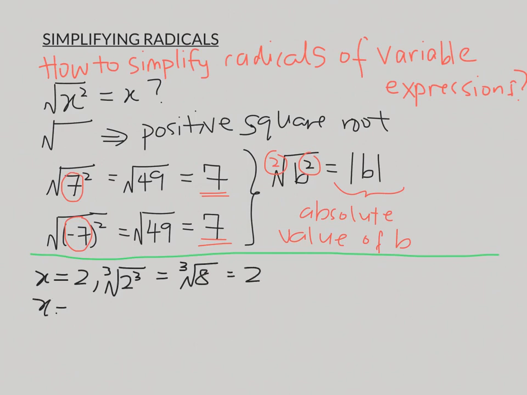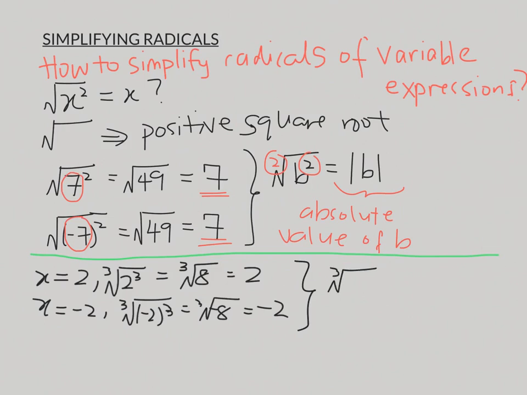And when x is equal to negative 2, the cube root of negative 2 cubed is the cube root of negative 8, and that would be negative 2. When we take the cube root of a variable expression, we don't have to worry about whether the root will be positive or negative, because it will follow the original value of the variable. So you just have to put it as b.